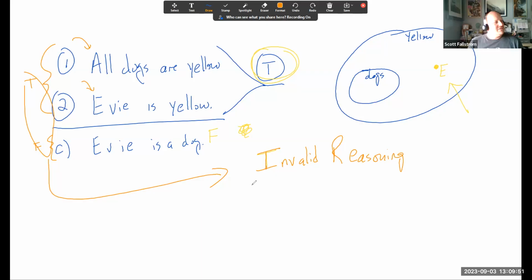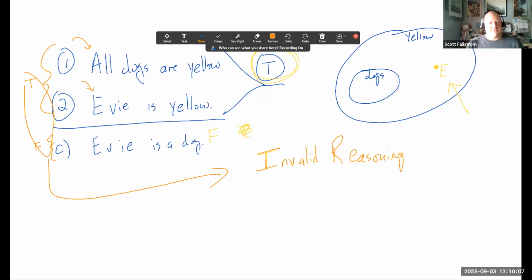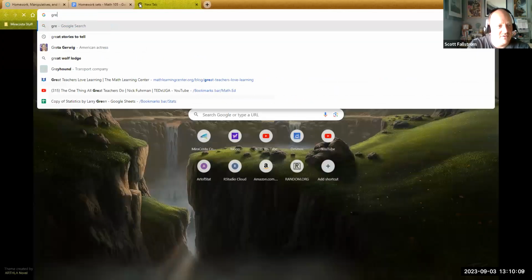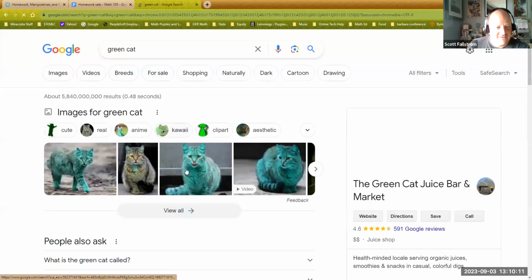I think in another class I did "some cats are green." And people were like, nah, it's not possible. And then I went out and looked online and I found an actual green cat. Oh, I wonder if it's still out there. Green cat.